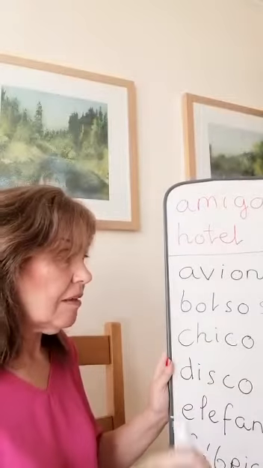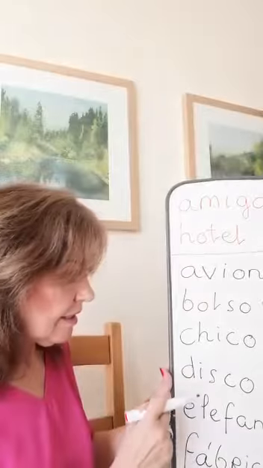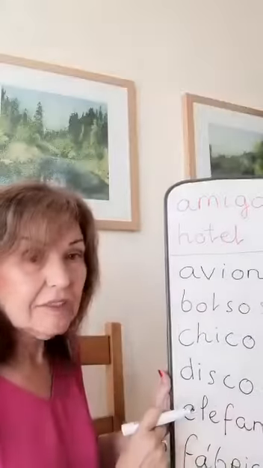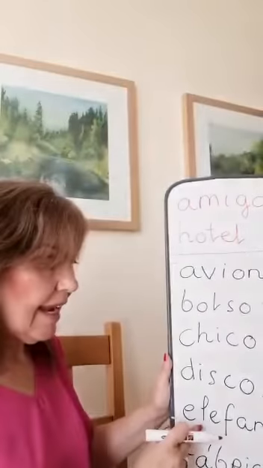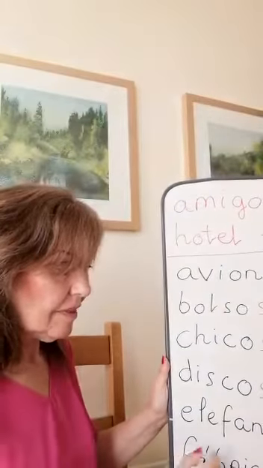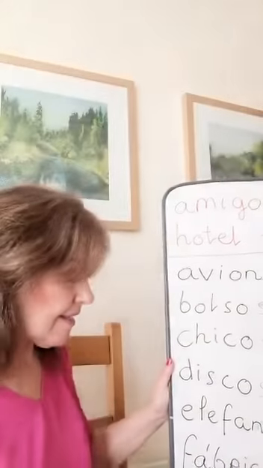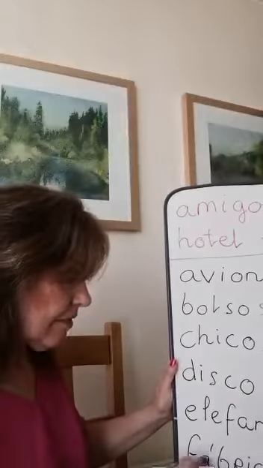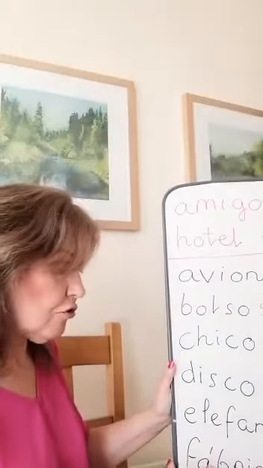Chico, boy, chicos, boys. Disco, record, disc, discos. Elefante, again, ends in a vowel, so we add an S. Fábrica, yes, you can see it has an accent here, an acento is stressing that vowel.